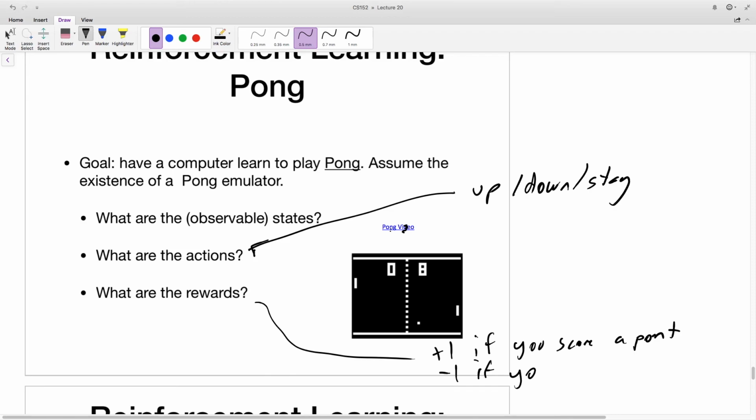Is that what you said? And all along the way, as you're playing, what are the intermediate rewards? Sounds good. All right. Alternatively, we could get +1 if you win the game. Which is better, the game or the point?